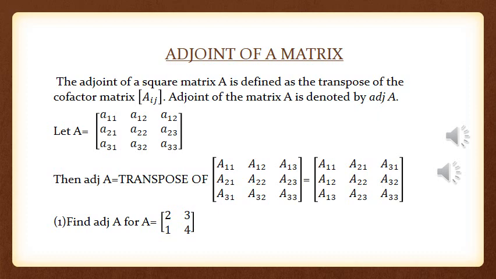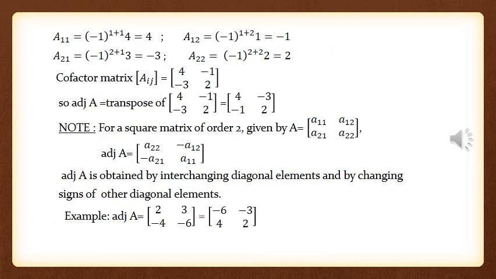Now one question: find adjoint A for A equal to matrix 2, 3, 1, 4. Here the cofactor of the first element, which is 2: cofactor A11 equal to negative 1 raised to 1 plus 1 into 4, that is equal to 4.